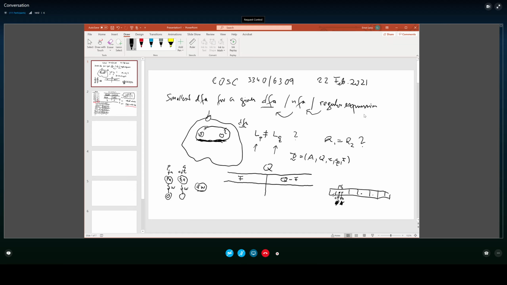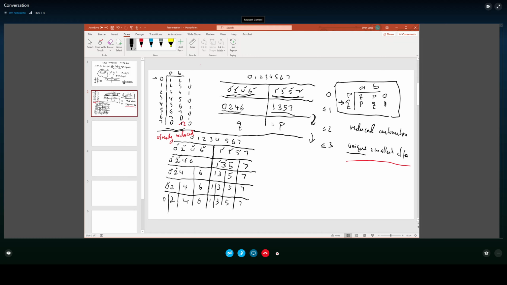Well, the only way in which you can decide that is by constructing for each of those 2 DFAs the reduced automaton, and then you compare the 2 reduced automata, and if they are identical up to renaming of states, then the original question is answered in the positive. The 2 regular expressions are in fact denoting the same language. If the 2 reduced automata are not identical up to renaming of states, then the answer is no, they're not.